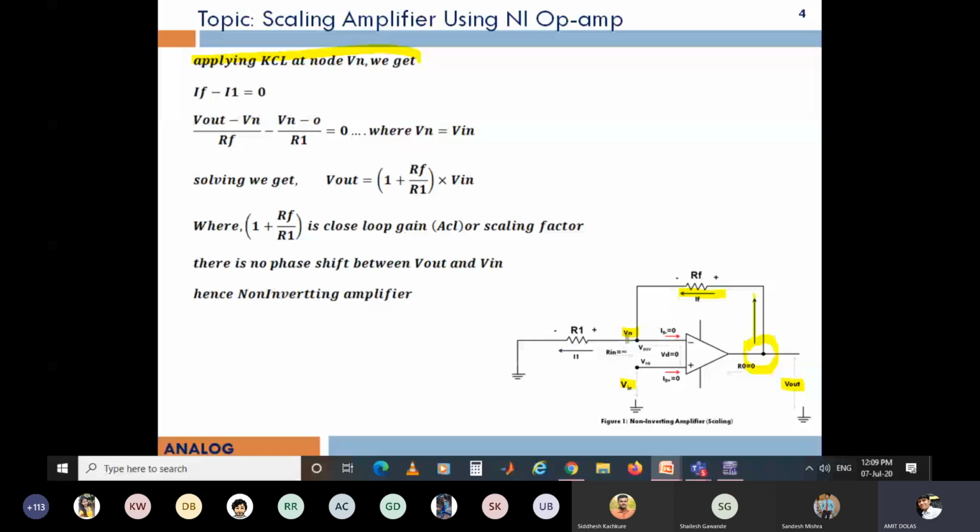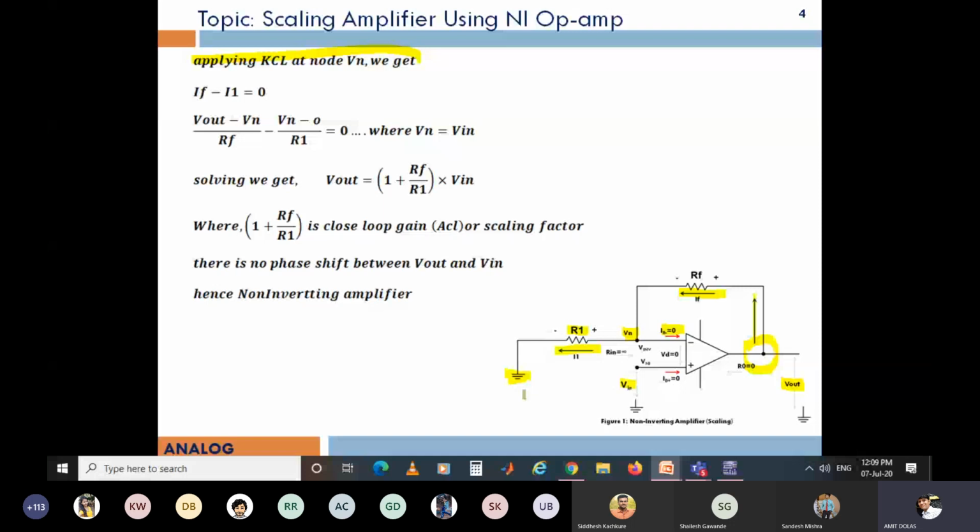Again, as this current is generated, the feedback current IF will not pass into the op-amp, as the op-amp has infinite impedance or resistance. So it will not pass inside the op-amp. It will pass through the resistance R1 to the lower potential, which is ground.